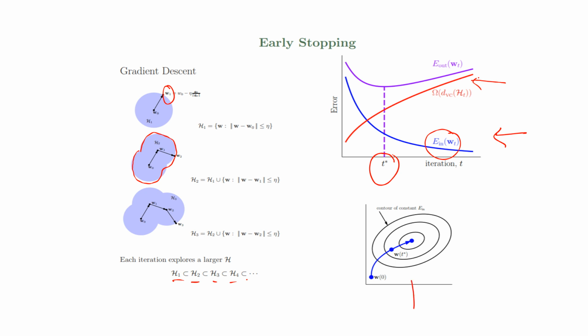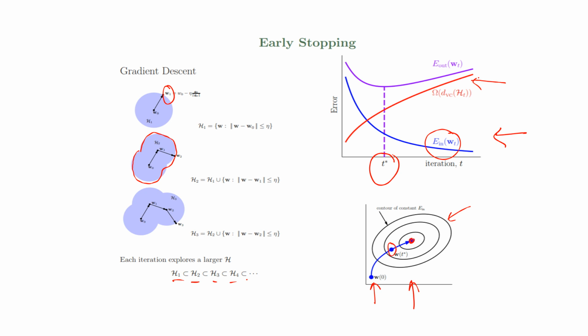If you remember, this is what was happening in the space of W's. Maybe we began with W0, and then this was my optimal point where I have to reach, and these are the contours of constant E_in. And we were continuously moving through that, taking one step at a time. And maybe, when we were keeping track of the iterations, this T star occurred somewhere here, right?